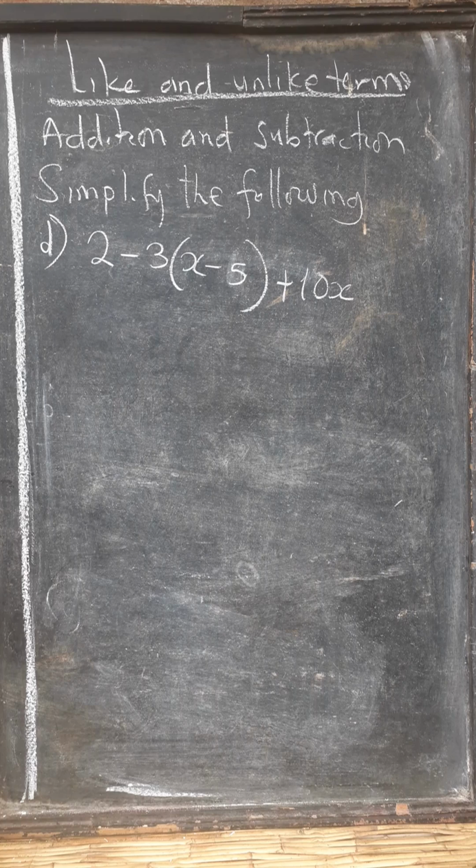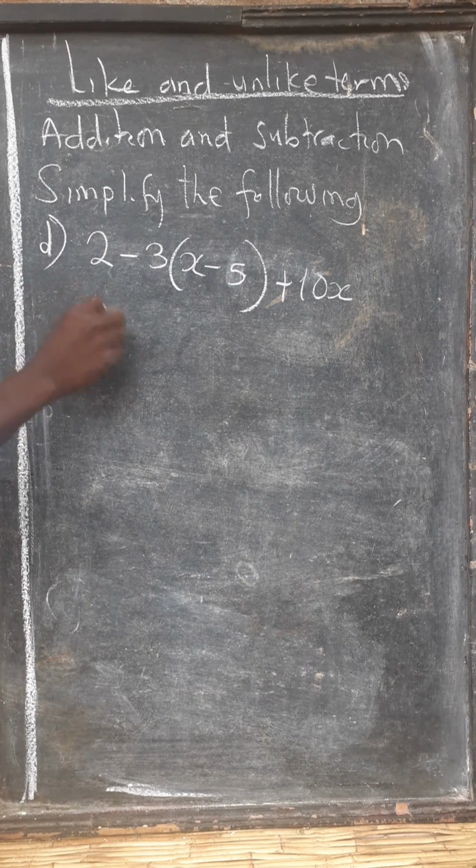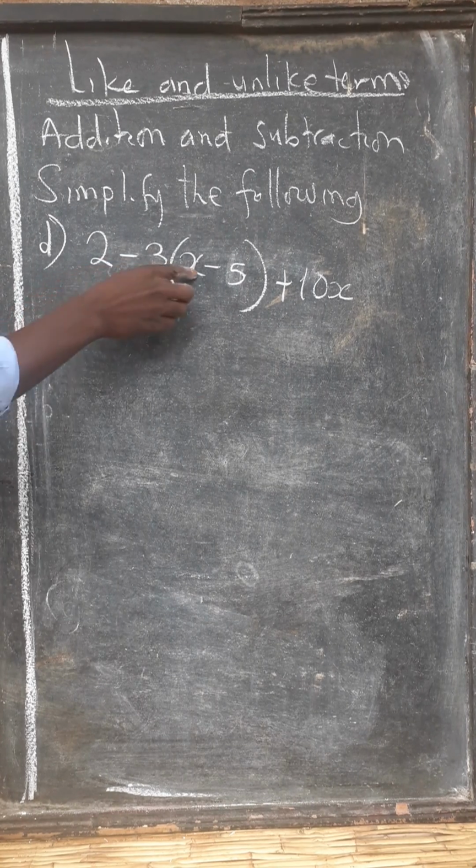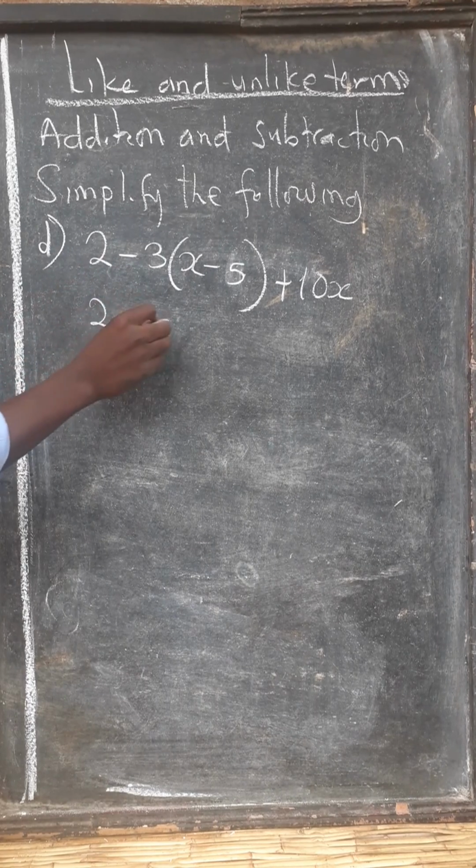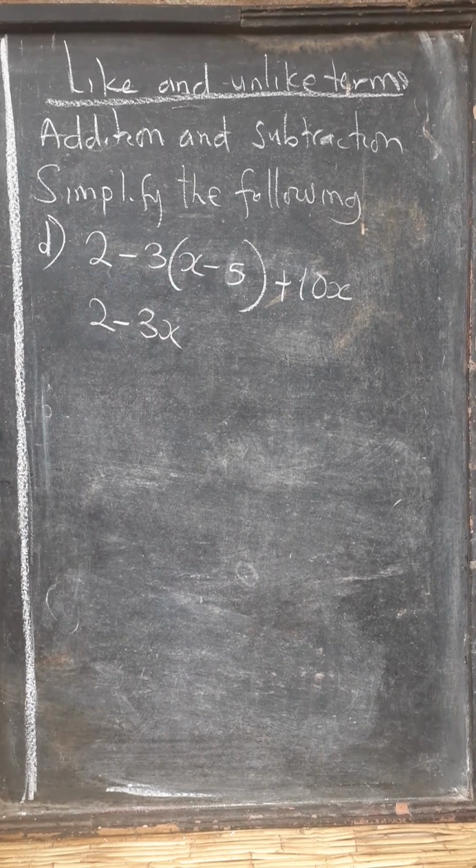Like I mentioned on the other question where we had brackets, here we need to make sure that before we do anything, we get rid of the brackets by distributing the factor that is outside. So we're going to have 2, then we multiply this 3 by that one. 3 multiplied by x, we get 3x.